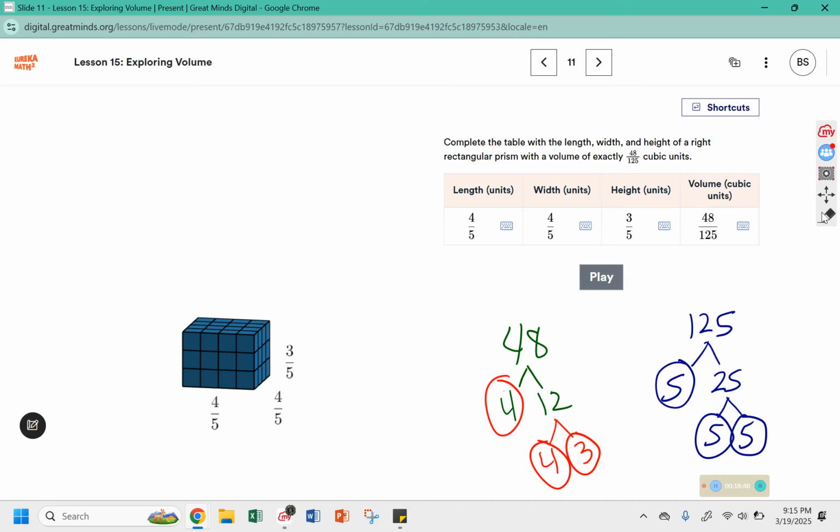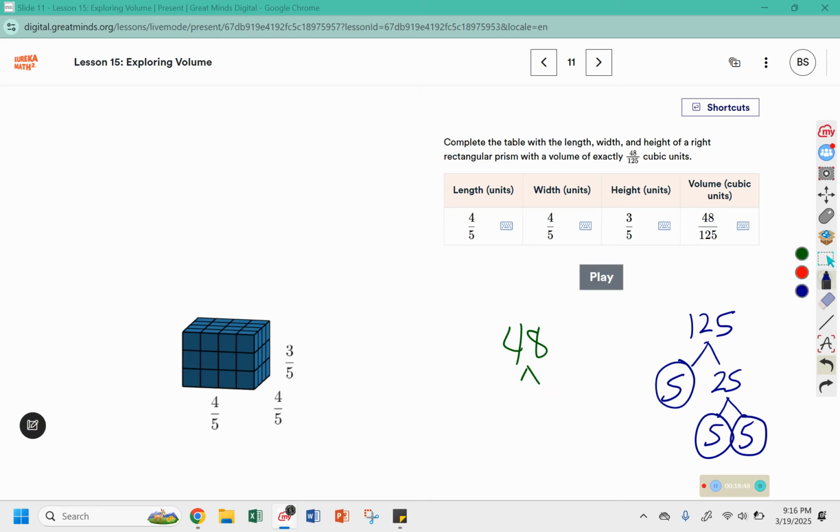That appears to work. Let's look at some other possibilities. What if I broke up 48 a different way? 48 is 2 times 24, and 24 can be broken up into 6 times, not 3, 6 times 4.